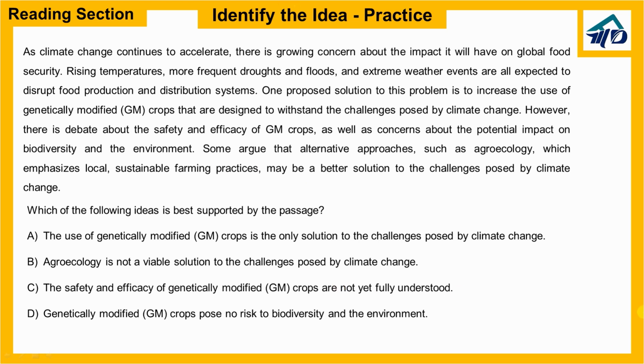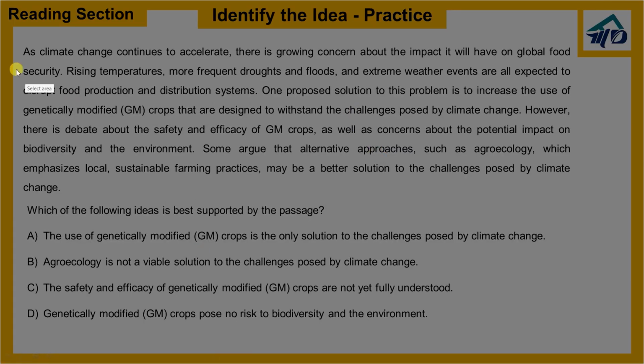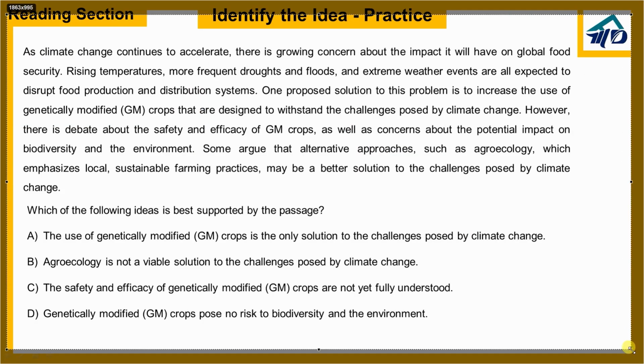So let's start. As climate change continues to accelerate, there is a growing concern about the impact it will have on global food security. Rising temperatures, more frequent droughts and floods, and extreme weather events are all expected to disrupt food production and distribution systems. One proposed solution to this problem is to increase the use of genetically modified crops that are designed to withstand the challenges posed by climate change.